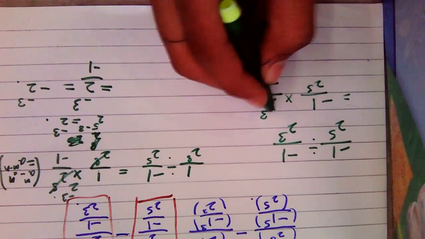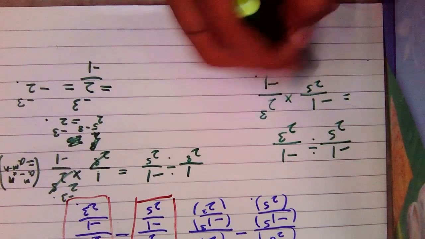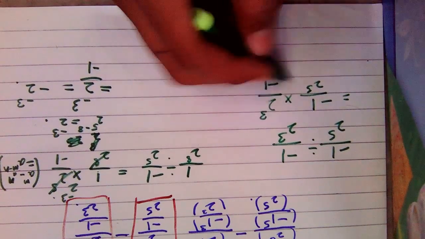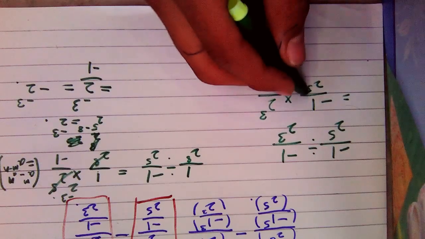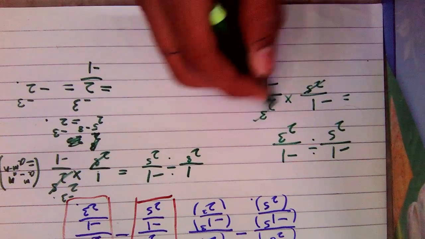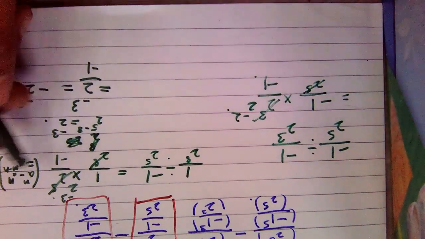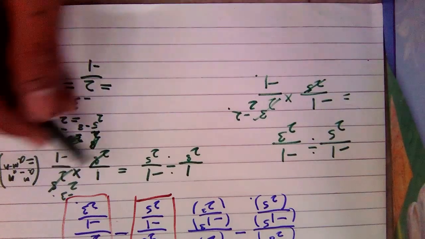So again 2 to the power of 3 minus 2 to the power of 5, as these are numerator and denominator, so we can cancel it out. So 2 to the power of 3 minus 5 will be 2 to the power of minus 2, the same formula as here.